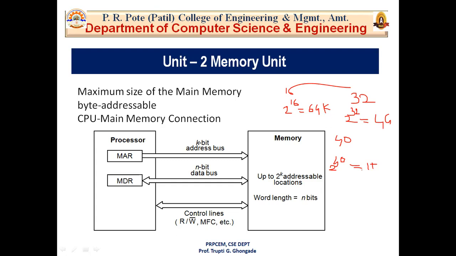Byte addressability again has two ordering techniques, which are big endian ordering and little endian ordering. The big endian ordering technique is used in the 68000 processor, and the little endian ordering technique is used in your well-known Intel processor.